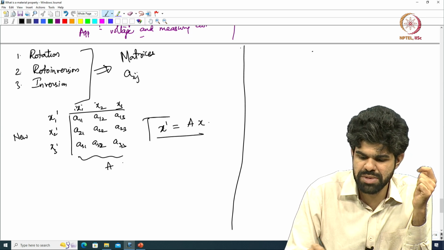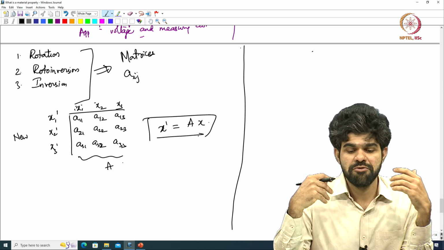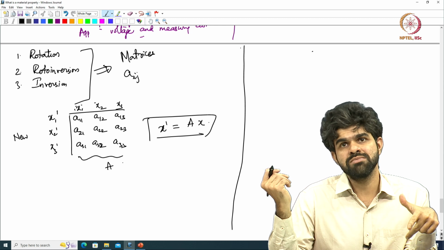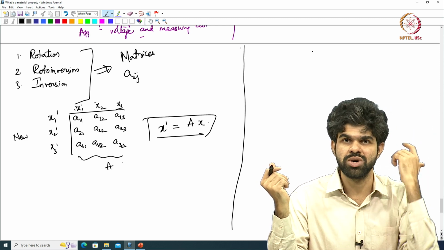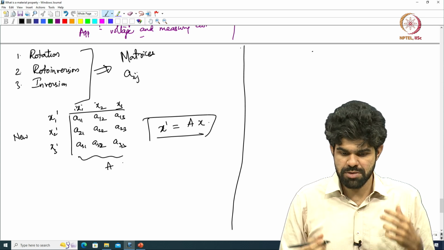This is a simple matrix multiplication which physically tells me how a coordinate system is transformed, how a vector in a coordinate system gets its new indices in the new coordinate system. That is one way of interpreting it.